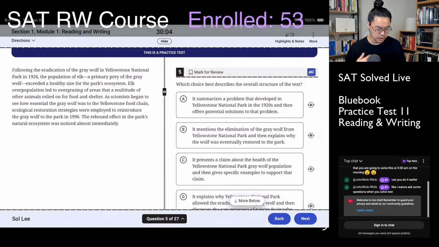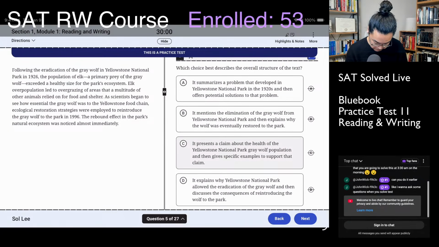Overall structure is a problem and then a response to that problem. No, not potential solutions. Okay, elimination, and then yeah, B is correct. I'm just going to double check C really quickly. Wait, why they allowed the eradication is a funny one. I'm looking at it, but it's not allowed.